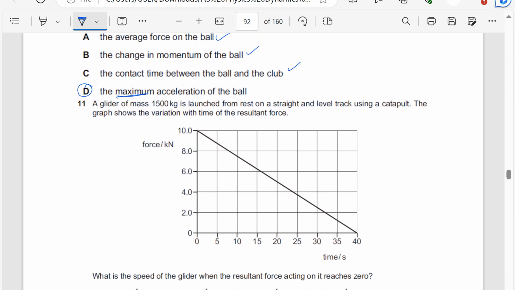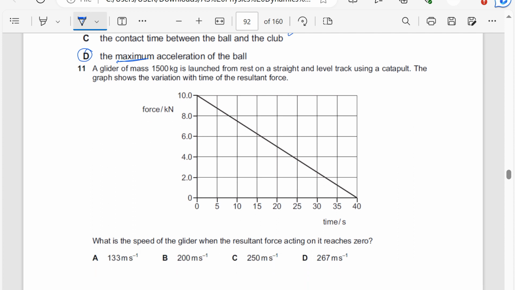A glider of mass 1,500 kilograms is launched from rest on a straight and level track catapult. The graph shows the variation with time of the resultant force. What is the speed of the glider when the resultant force acting on it reaches 0? So we know that force is equal to the rate of change of momentum, which is mass times change in velocity divided by time.